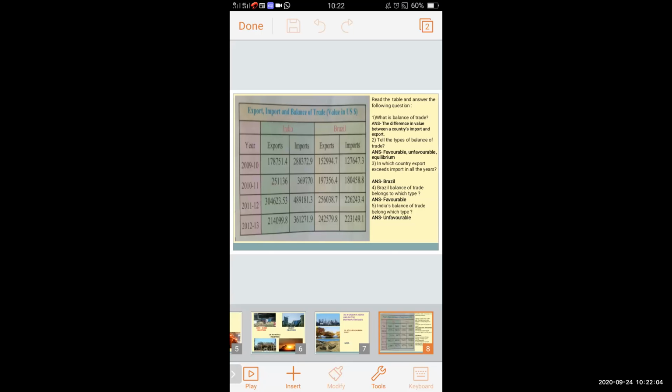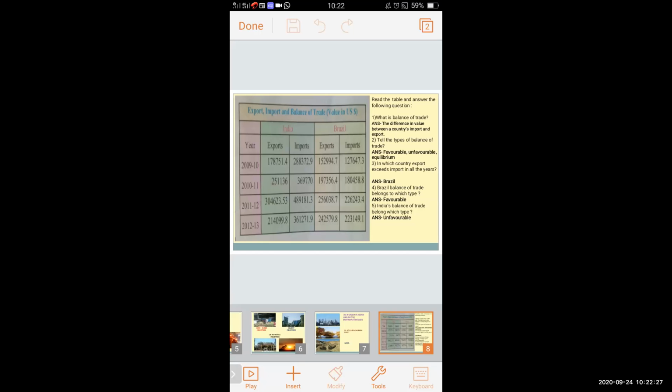This results in development in the economy, in trade, and in the profit they get from trading. And it shows the status of Brazil, that Brazil is not dependent much on other countries for goods.